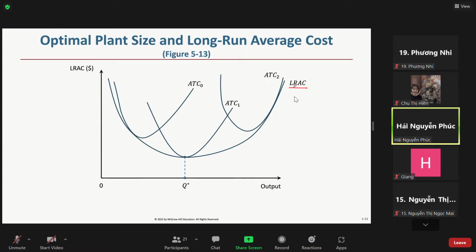According to this graph, you can see that at this point, the optimal decision for the firm is to choose the medium size. Why? Because with the medium size, they will reach the quantity of output Q star, at which the firm can achieve the minimum ATC in the long run, the minimum average cost in the long run.